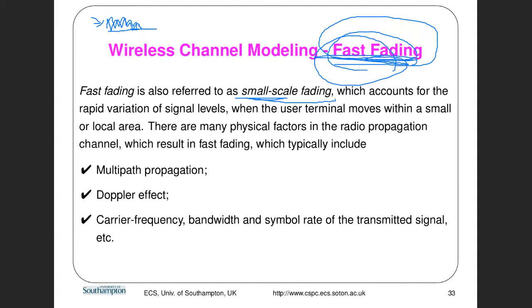But small scale fading changes quite quickly, and the fluctuation is small in scale, so you wouldn't be able to compensate for this power loss as a transmitter. You have to model it and deal with it as a receiver. So it's also called small scale fading.